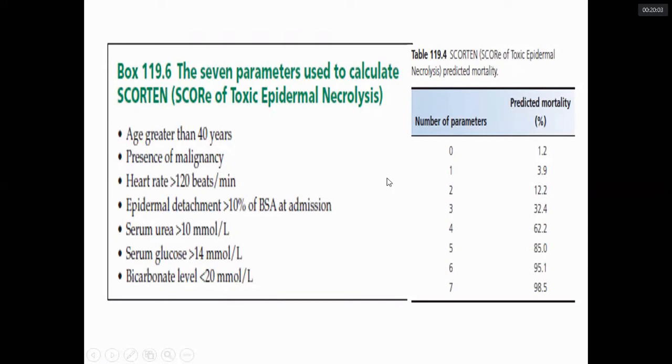Each of the parameters is given 1 score. If the score is 0, the predicted mortality is 1.2%. If the score is 4, the mortality rises to 62.2%. And if the score is 7, meaning all these parameters are positive, the mortality is 98.5%.